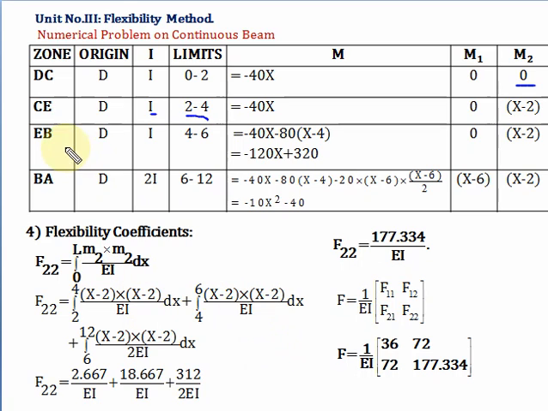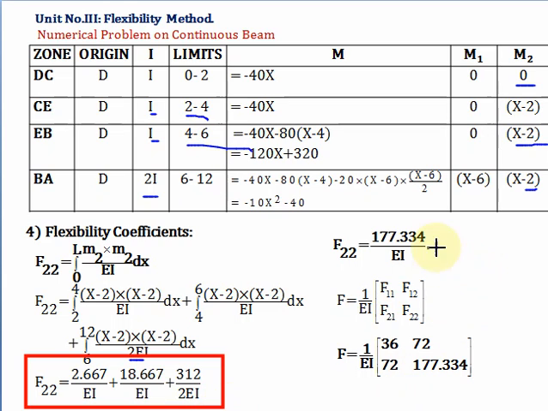Okay, now for zone EB, again the value is x minus 2, so x minus 2 into x minus 2 upon the value of EI, that is EI only, and limits 4 to 6. Okay, and for zone BA, the value is x minus 2 into x minus 2, and the value of EI is 2EI, limits are 6 to 12, and after solving this, we'll get the value of F22 equal to 177.334 upon EI.